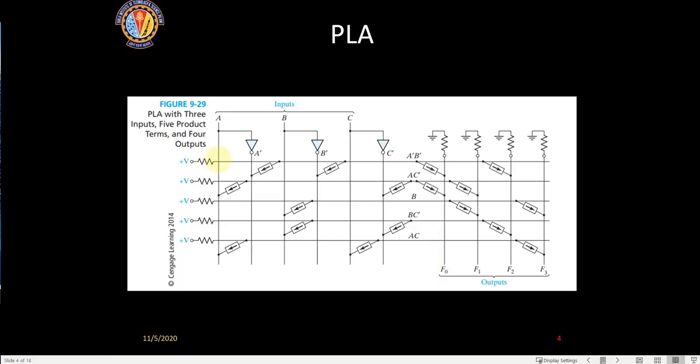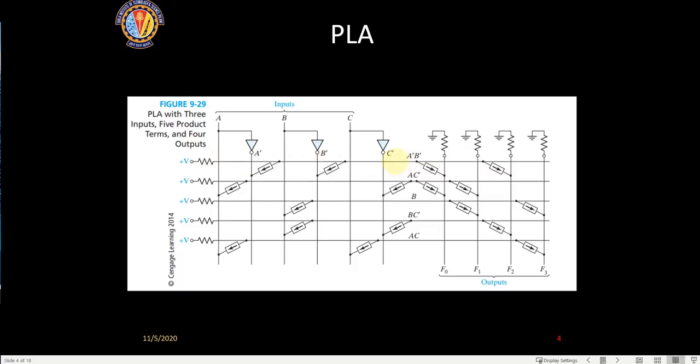Now this particular horizontal line is known as the AND plane. It is connected to plus V voltage here, and a resistor is connected here. So ideally, if you don't do anything with this line, a plus 5 voltage will be available here. That means a logical 1 will always be available on this AND line.